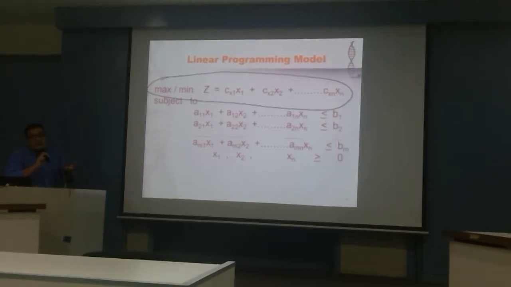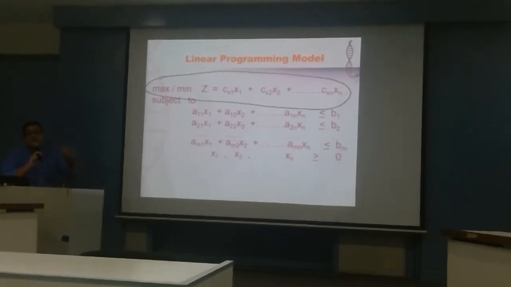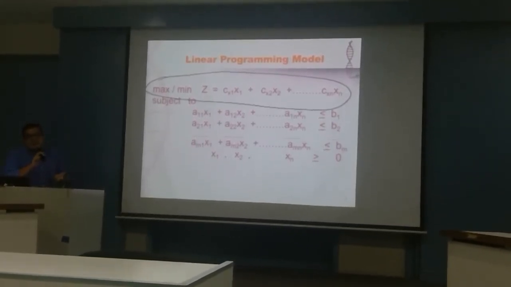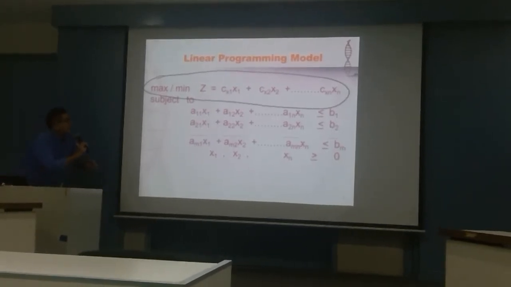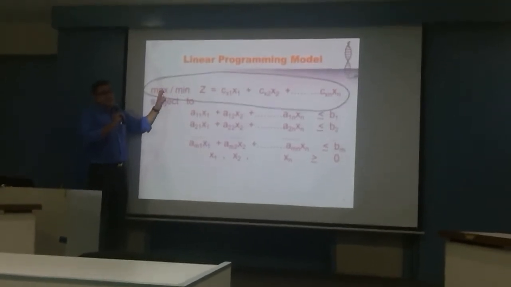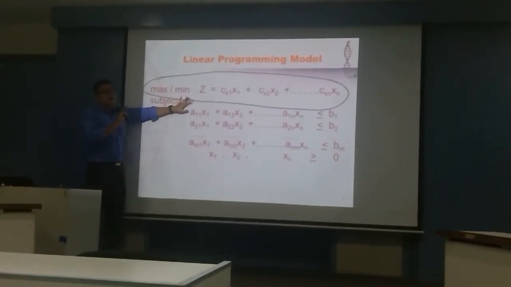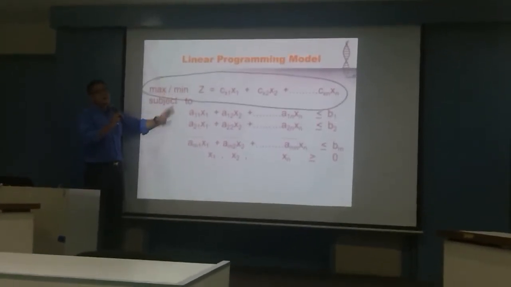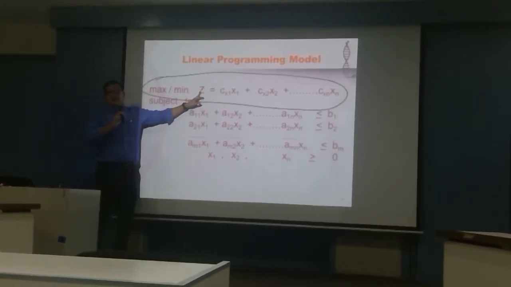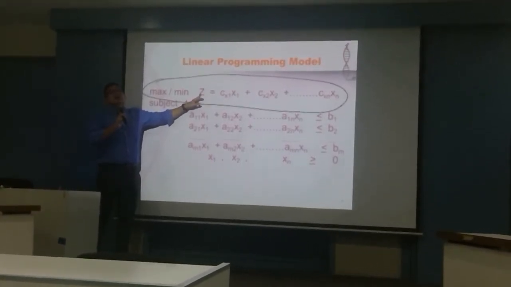Since linear programming is the tool that we use for optimization, you need to specify whether you want maximization or minimization. So we specify max or min, just one. Max means maximization, min means minimization. And the z value here refers to the value of the objective function.